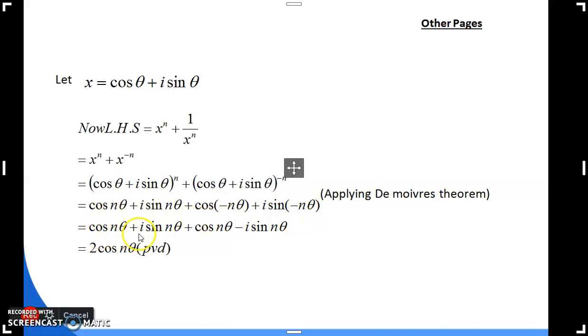Then cos n theta plus i sin n theta plus, we know cos of minus theta is plus cos theta, so it becomes only cos n theta. Similarly, we know sin of minus theta is minus sin theta, so its value is minus i sin n theta. Now in this line we have plus i sin n theta minus i sin n theta. They are cancelled. Now cos n theta plus cos n theta equals 2 cos n theta. That means our right hand side we can reach. Okay. Now your proof is complete.